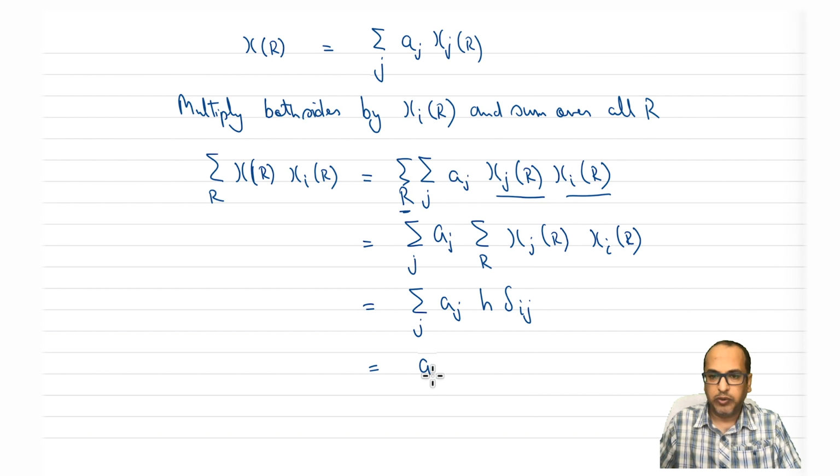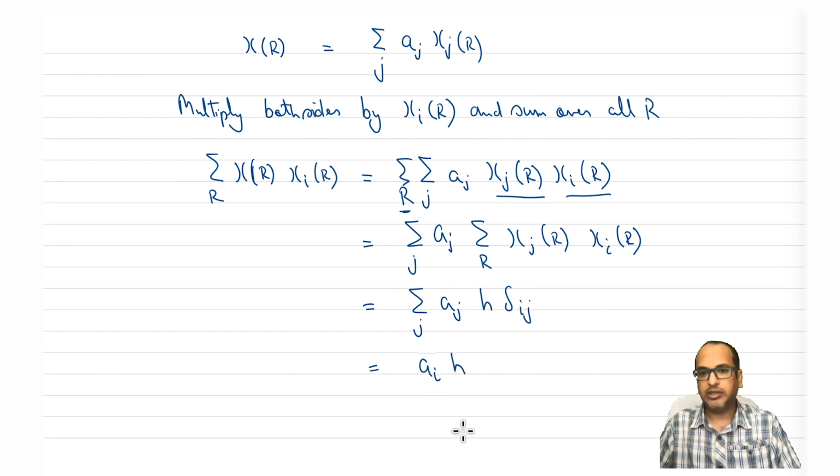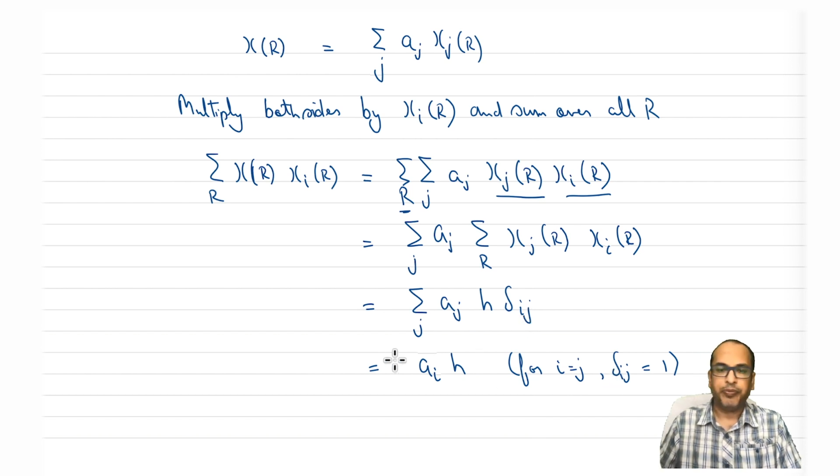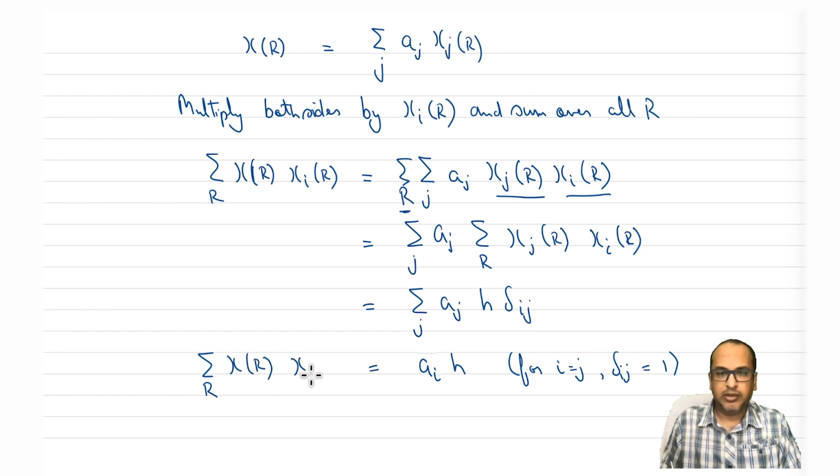J becomes I, and what we are left with is h, because for I equal to J, delta Ij is equal to 1, and for all other J values it goes to 0. So we are left with AI h on the one side, and here we have the summation over R of chi R chi I R, right?